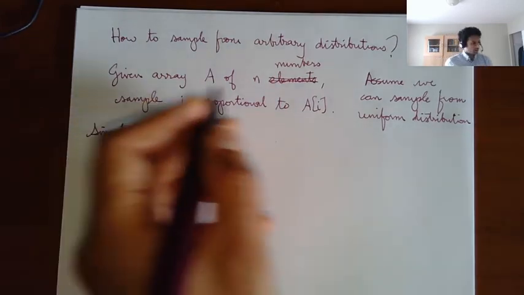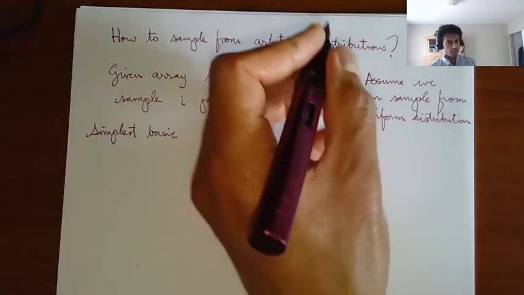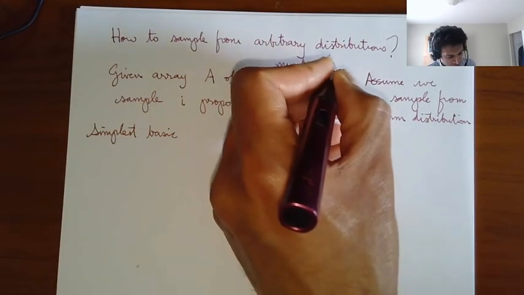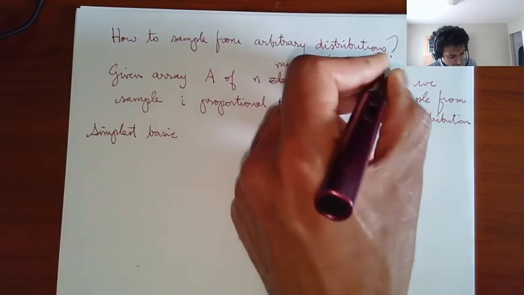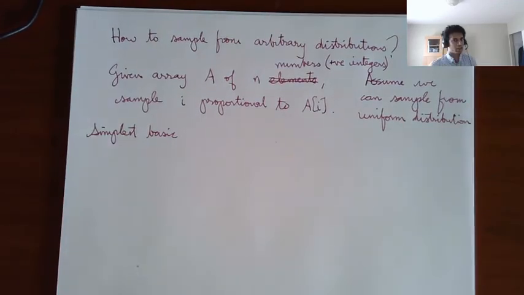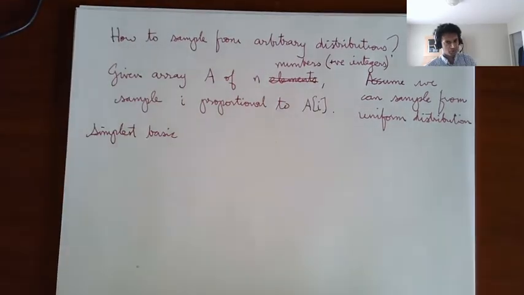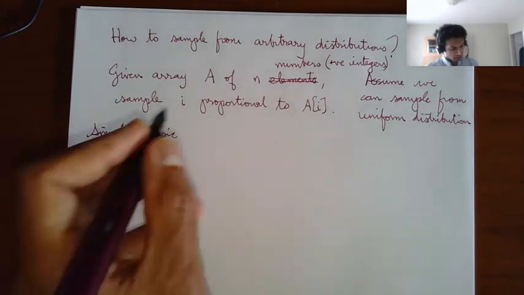So you're given an array of n numbers. Let me think of this as just positive integers, although you'll see that this really doesn't matter, but if that makes it easier for you to think, then you can do that.